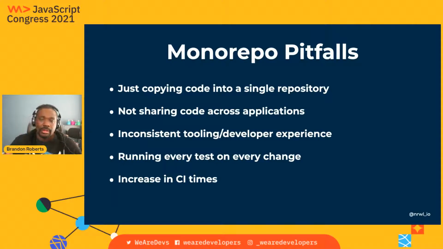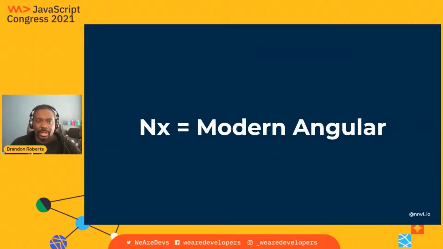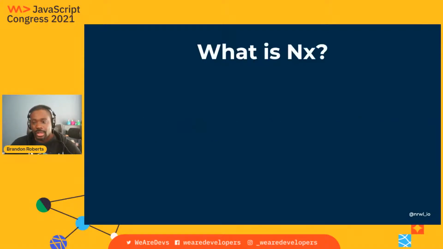So the monorepo plus the modern tooling is modern Angular. Nx promotes this modern tooling and gives you these tools that help you enhance your developer experience with Angular. So then we'll get into what Nx is.